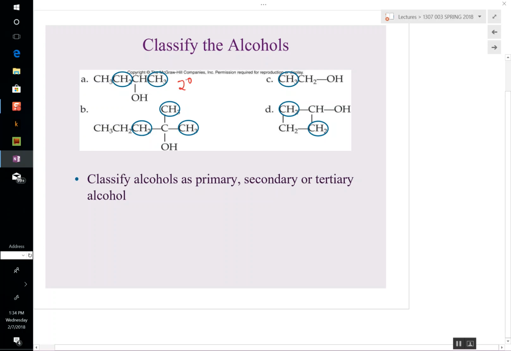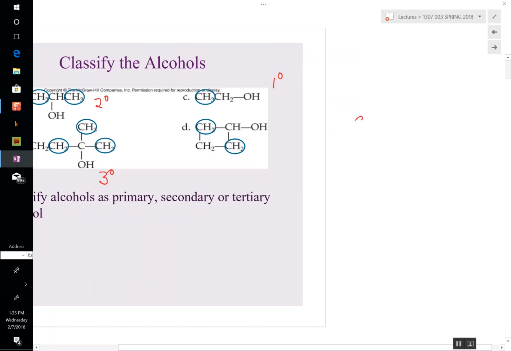secondary alcohol. Letter B, tertiary. A, or C. Now, notice on D, you've got a cyclobutane, or cyclobutanol, all right?